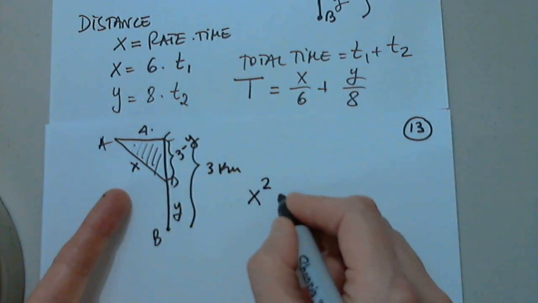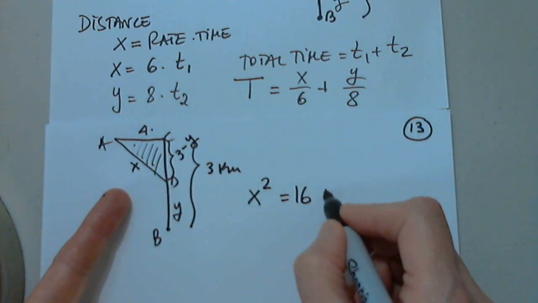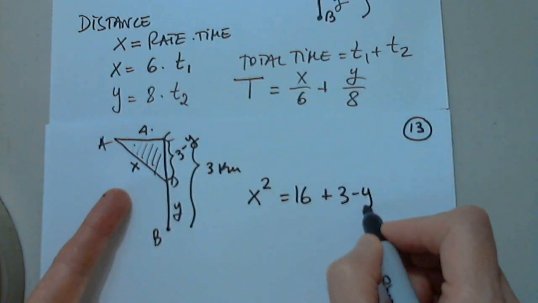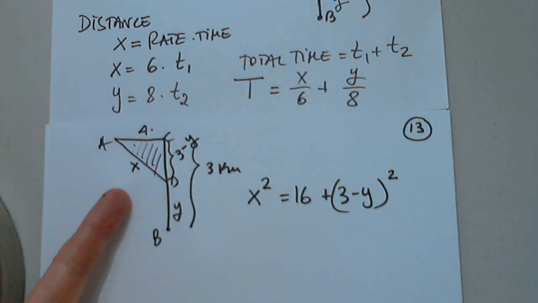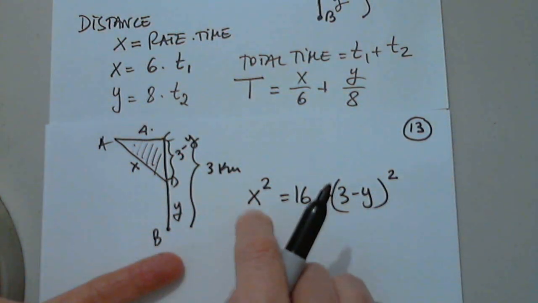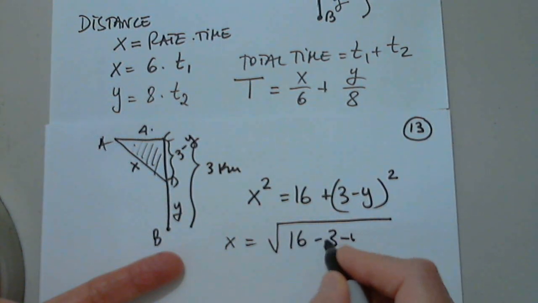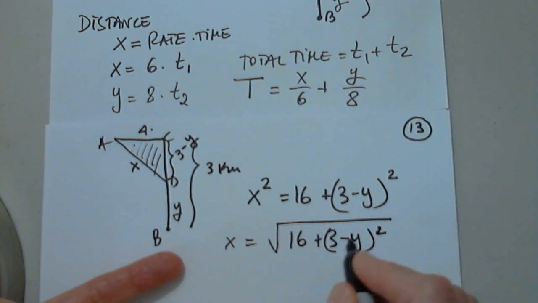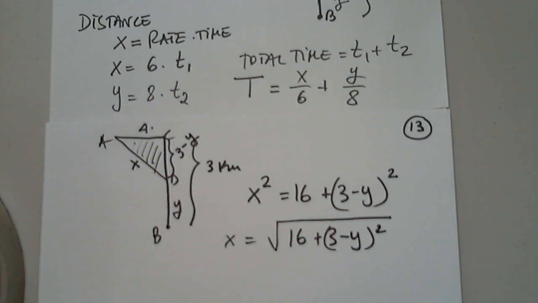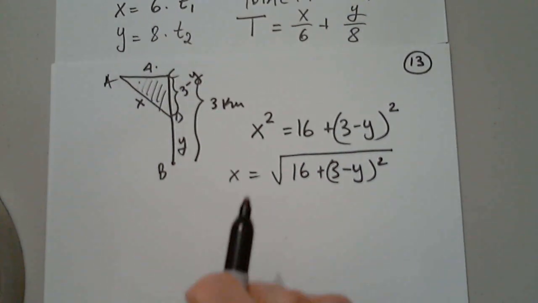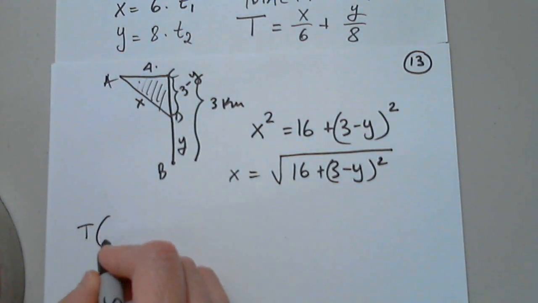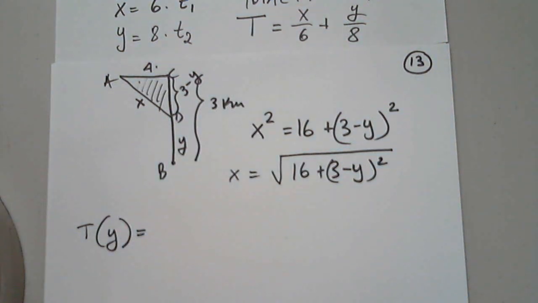So x squared equals 16 plus (3 minus y) squared, so x is the square root of 16 plus (3 minus y) squared. That's all I needed to do. Just plug it in. Now this is a function of y only.